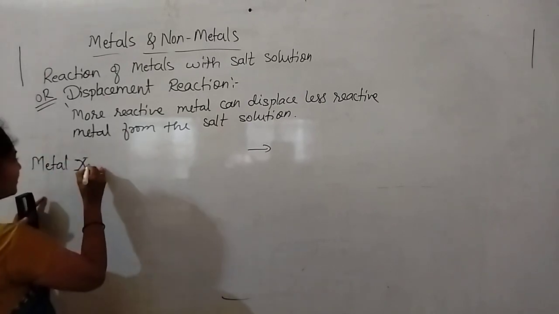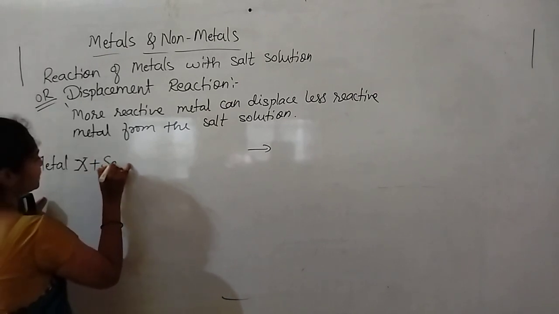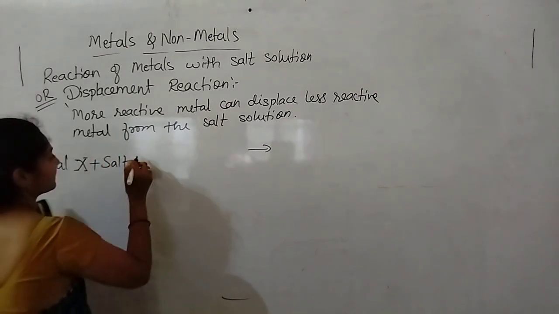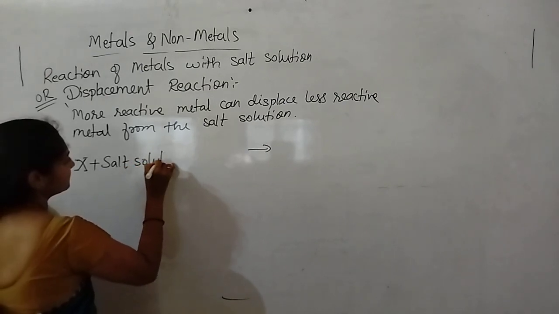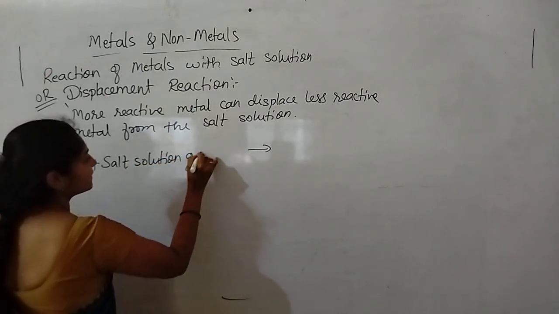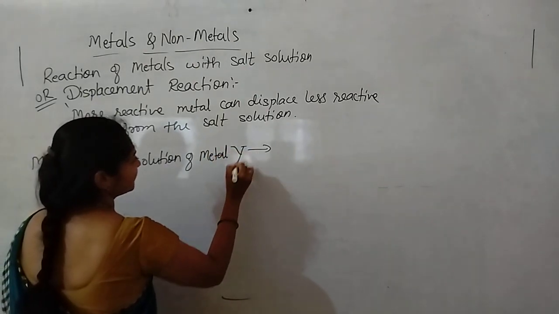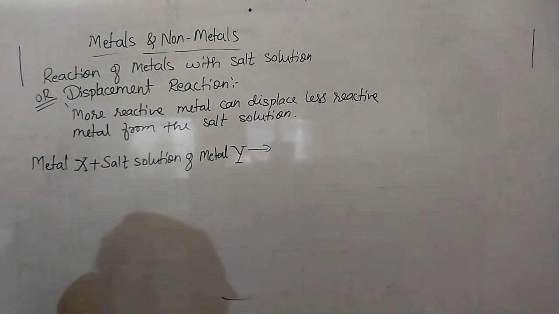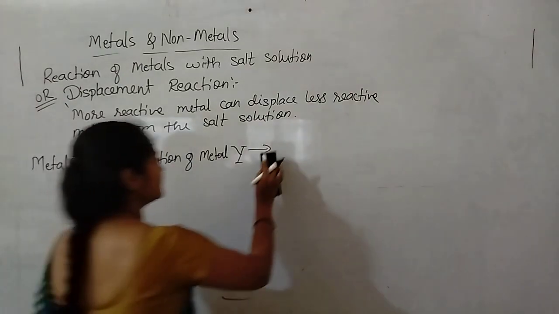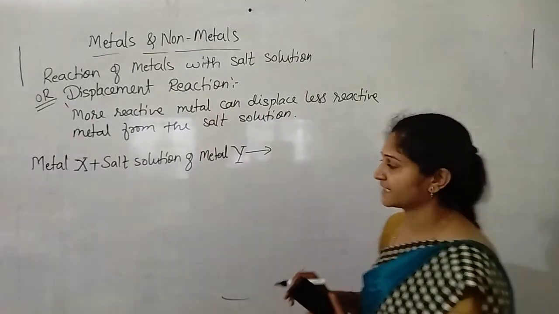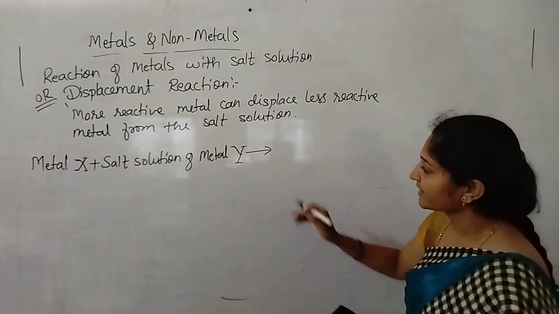It is a general formula. X plus salt solution of metal Y. When these two react, what is going to form here?